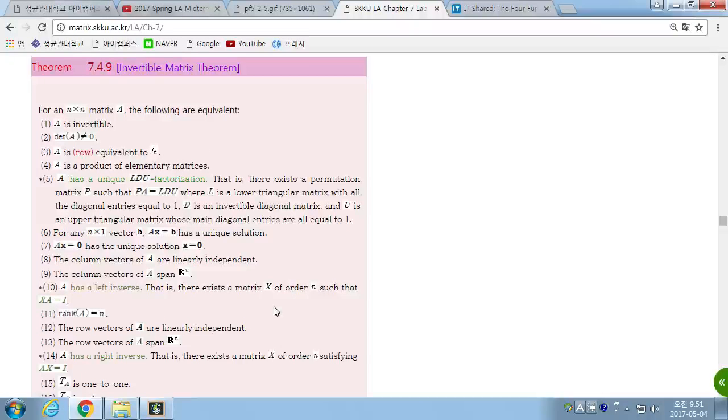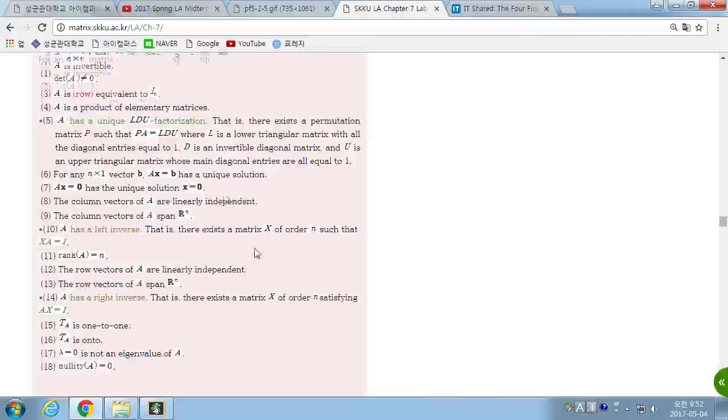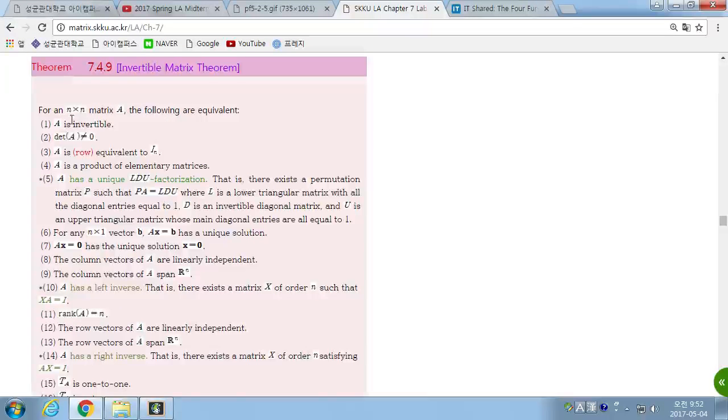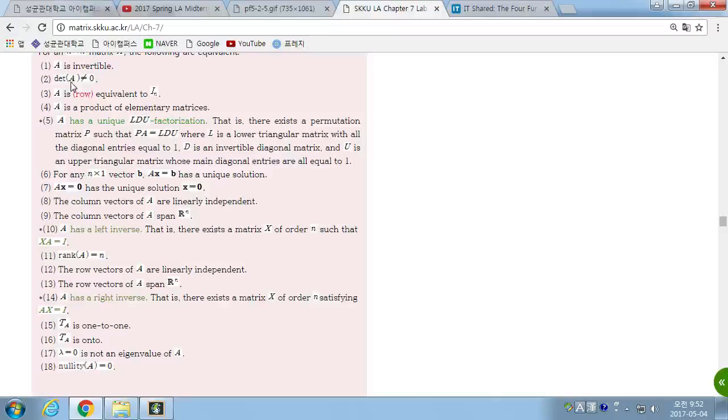Okay, this is the last theorem in section 7.4.9. So we have shown many things. A is invertible if and only if determinant of A is not zero, and A is row equivalent or column equivalent to the identity matrix, and A is a product of elementary matrices, rank of A is n, 0 is not an eigenvalue, and nullity is 0.